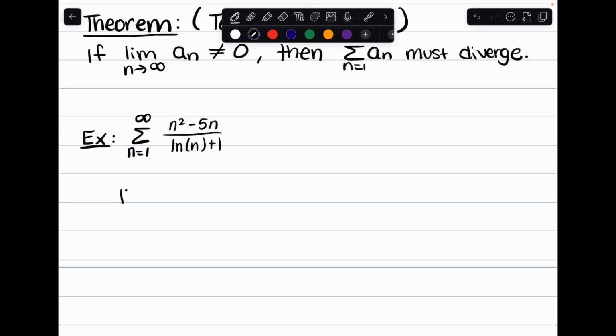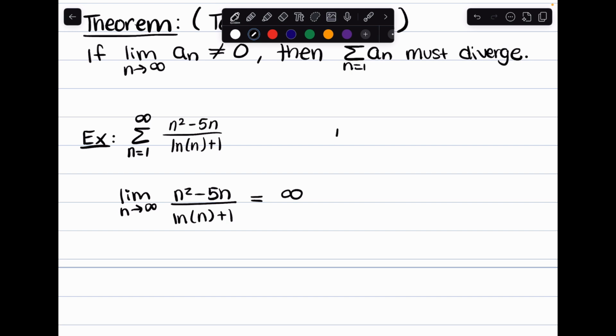Well, if we look at the limit as n goes to infinity of n squared minus 5n, all divided by natural log of n plus 1, which are the things that we're adding, as n grows to infinity, this quotient also goes to infinity. So as we continue adding these terms, we're adding larger and larger numbers. So then, of course, this series can't converge.